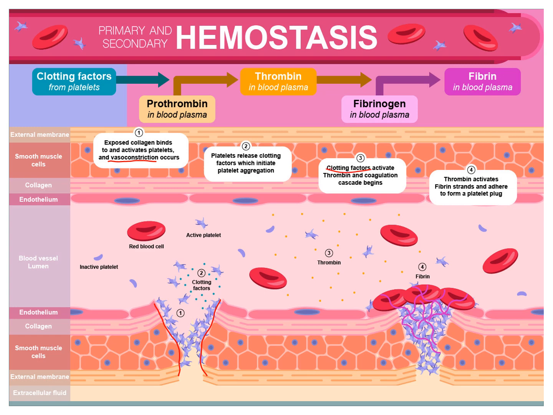Looking at each one of those in more detail, we have the first, vascular spasm, which means vasoconstriction of that blood vessel. What they want to do is reduce the overall hydrostatic pressure around that vessel in order to reduce blood loss and also increase the ability of the platelet plug forming.